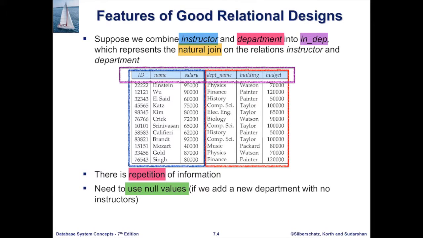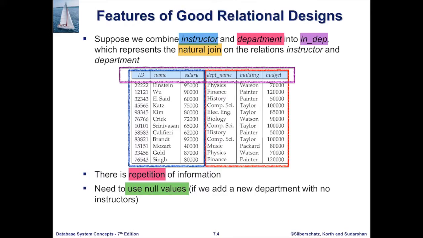The first question that we need to ask is that, given a table, gaano ba kaganda yung table na yon? And we will define what the good relational design is by showing a not so good relational design. So, suppose we have two tables, instructor and department.